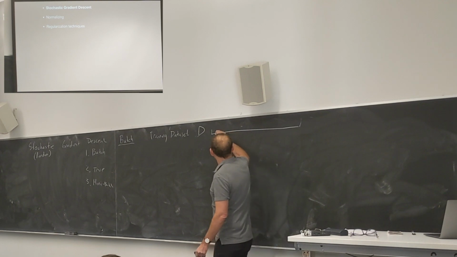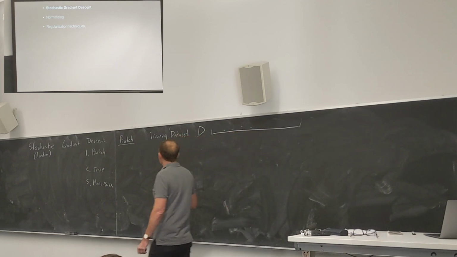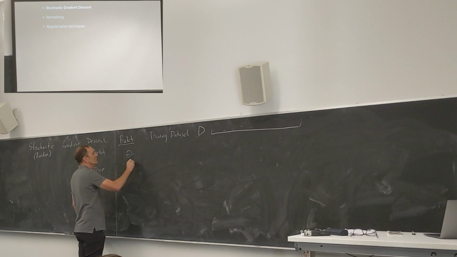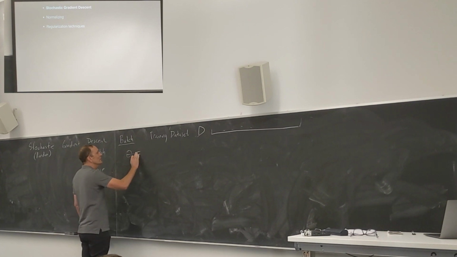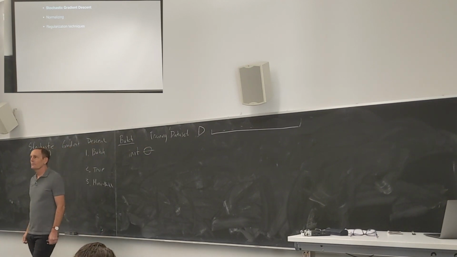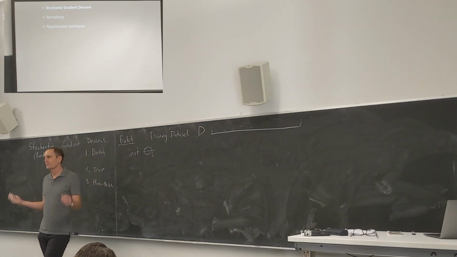These are a bunch of training examples that we have, 1 through n. So our training loop, let's call it, would look something like this. I'll make this pseudocode: initialize our thetas. Right? Just all of our theta i's.